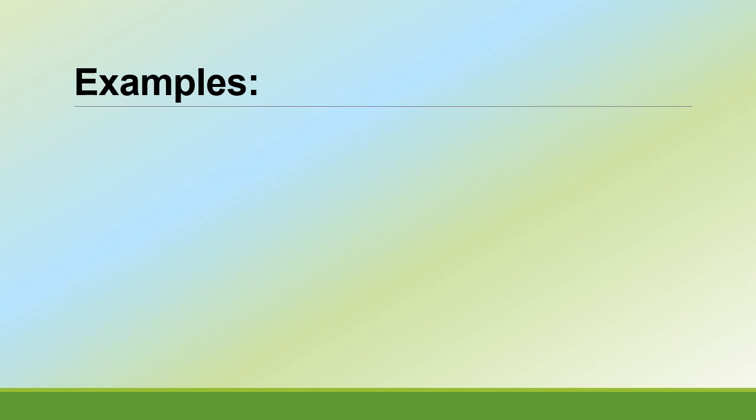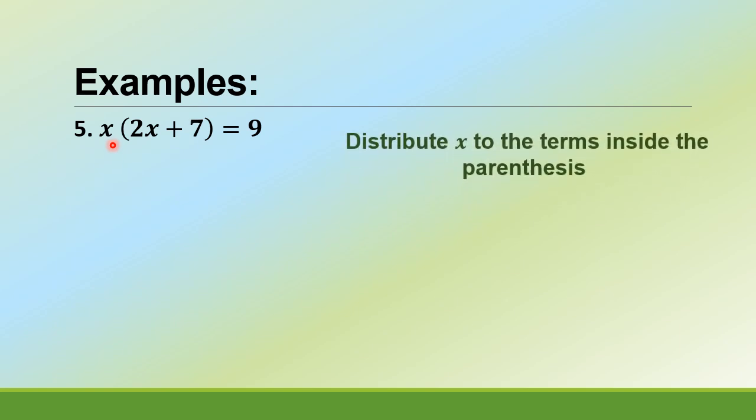Okay, so let's have another example. So we have x times the quantity 2x plus 7 is equal to 9. So, may mga cases na ganito ang given natin. So, we need to use the distributive property, which means yung variable na nasa labas ay i-multiply natin sa lahat ng terms na nasa loob ng parenthesis.